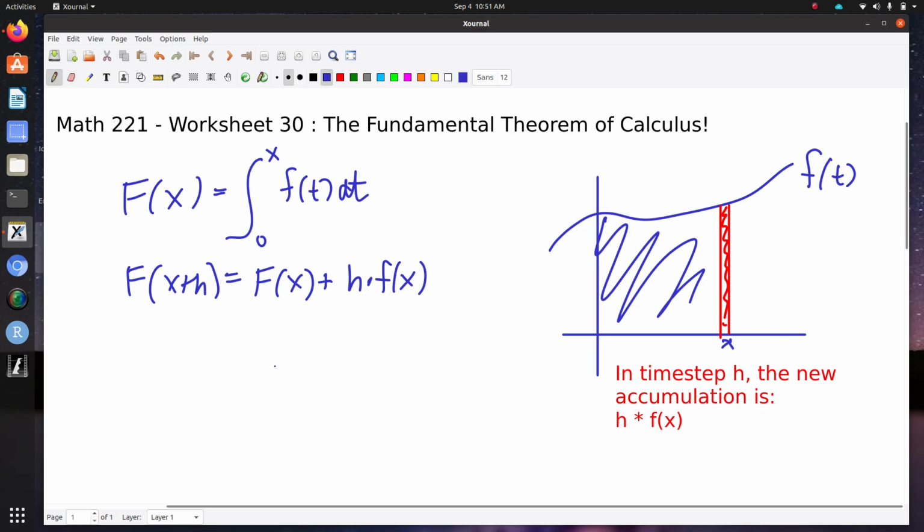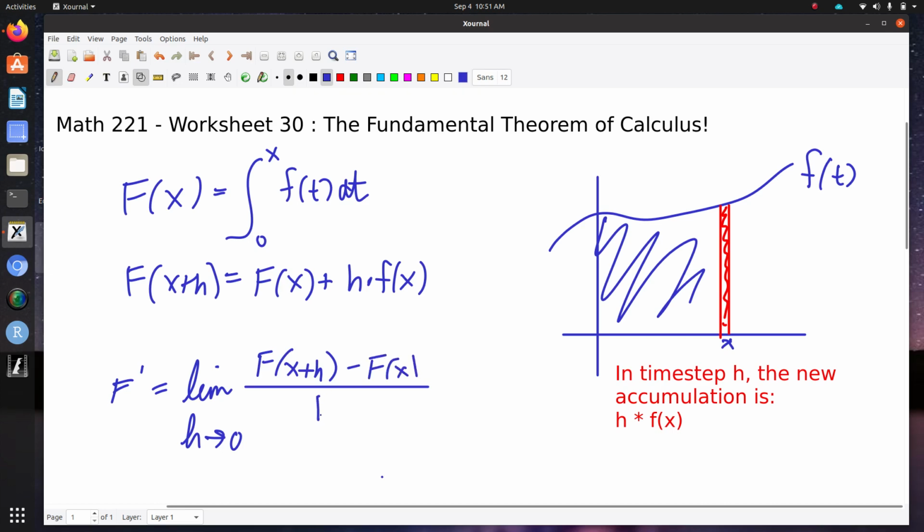So what is the derivative of this guy? It's the limit as h goes to 0 of F of x plus h minus F of x over h.